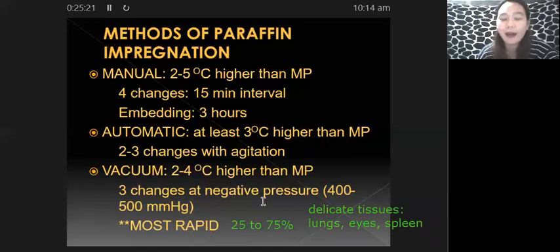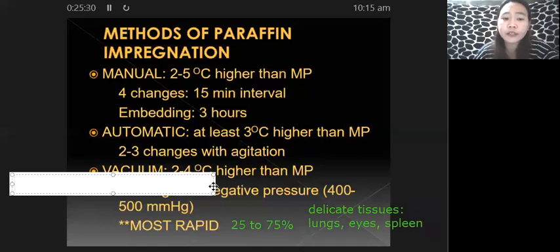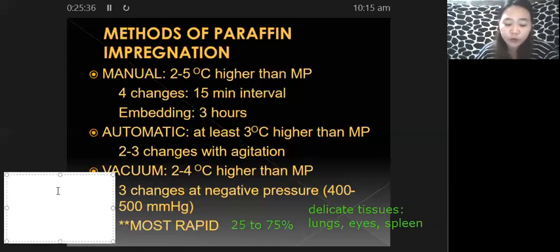Those are the things that you have to remember for the different methods of paraffin impregnation. Oh, I forgot, as for the duration of the vacuum method, how many changes do you need? We have three changes.